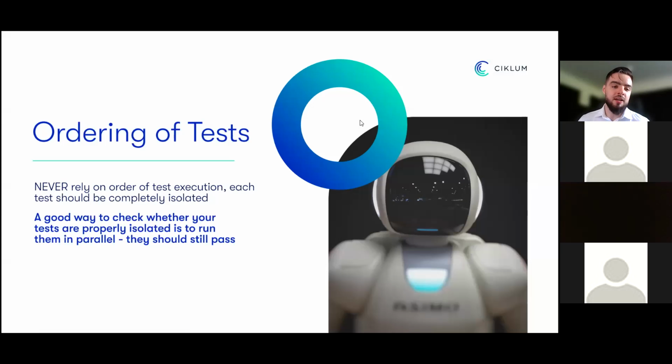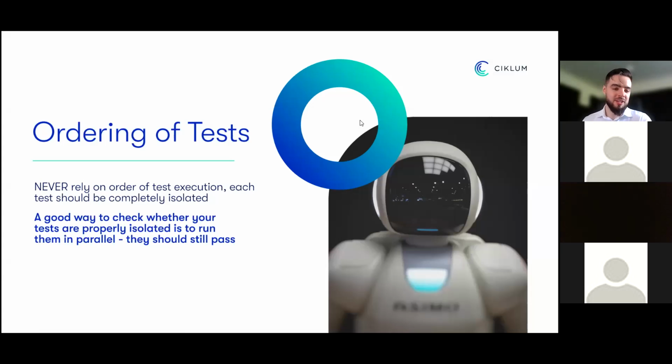Okay. And of course, as I've already mentioned, unfortunately, I have to say this, you should never rely on the order of test execution. Each test should be completely isolated. And a good way you can check whether your tests are properly isolated is to run them in parallel, and they should still pass. So if you're not very sure how good your test isolation is, just turn on parallel execution.